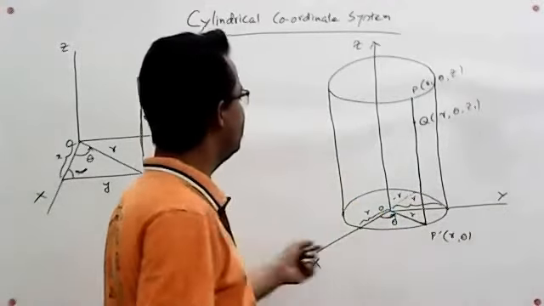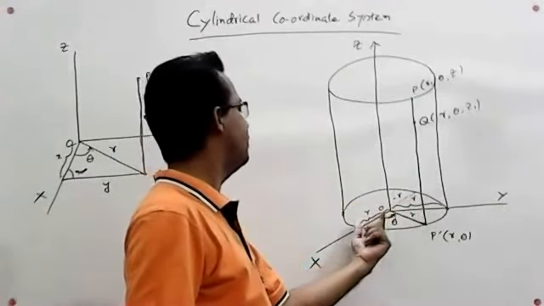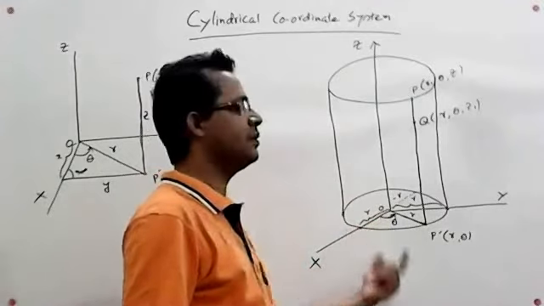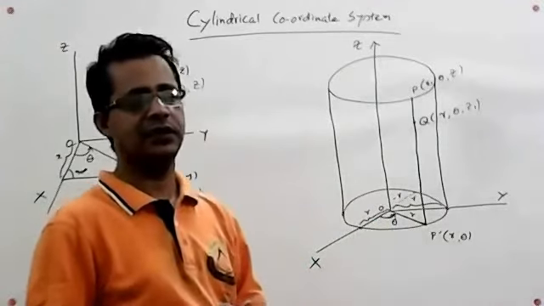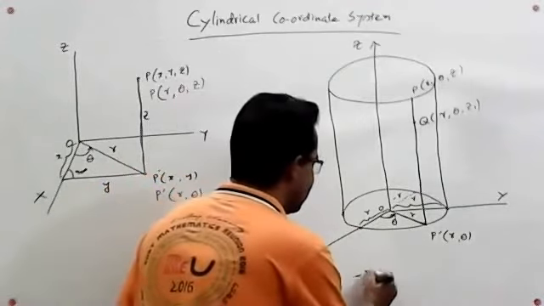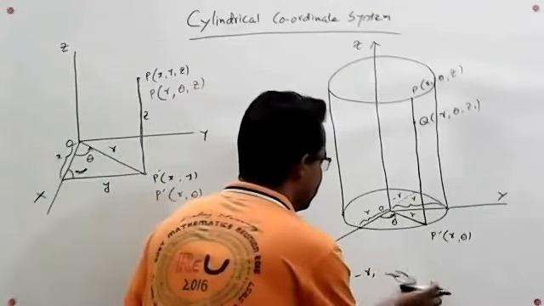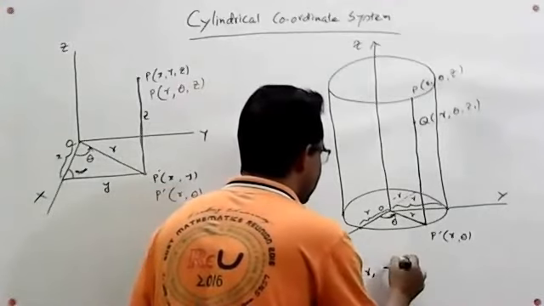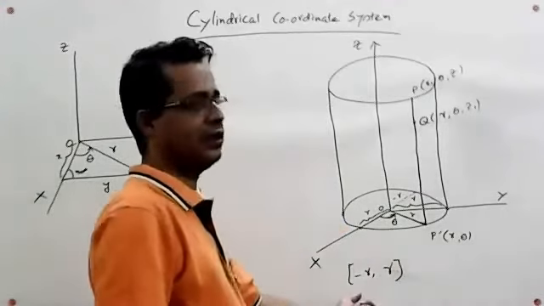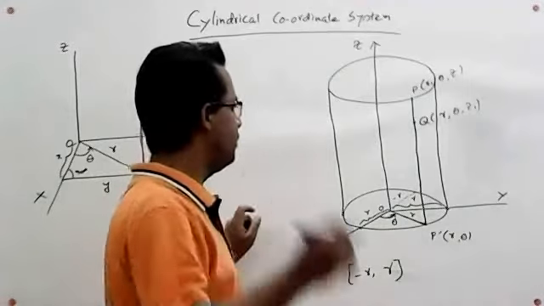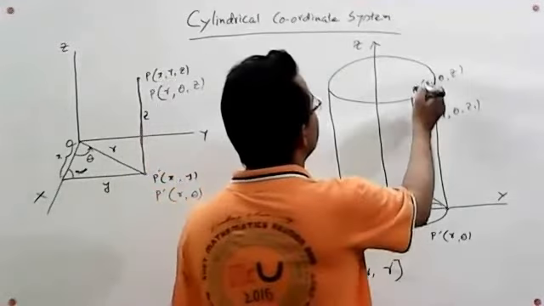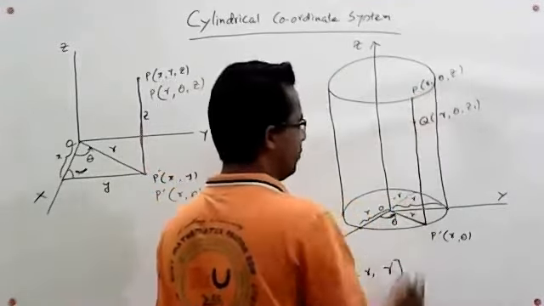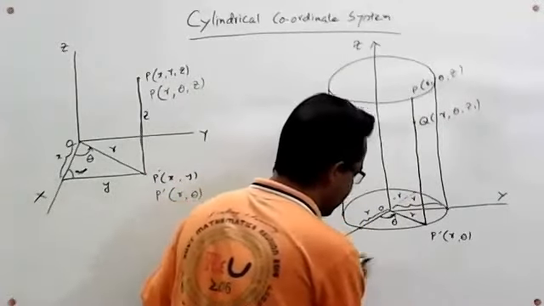So if this side is minus R and this side is plus R, then we can say that the diameter of this cylinder lies between minus R and R. If we want to reach this location from the minus R position, what will be the mechanism?